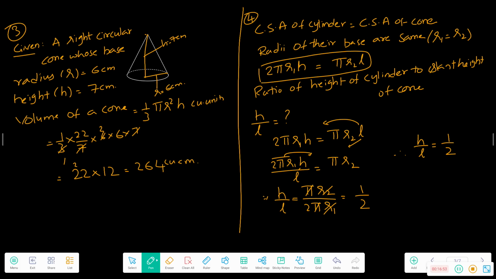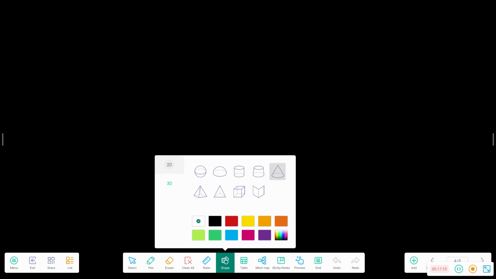Now let us see the other question. The other question is, a self-help group wants to manufacture a joker cap. So all are behind the joker cap, so even we will take the joker cap.